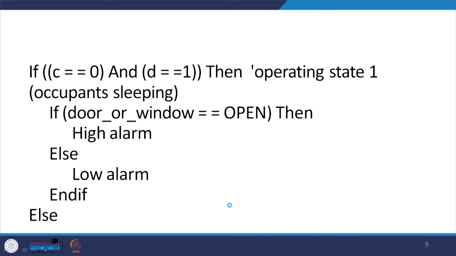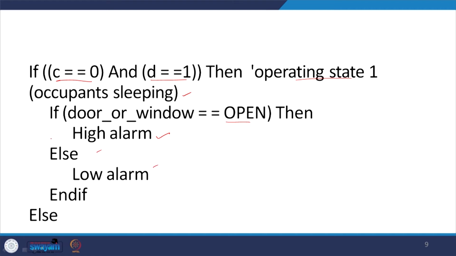We define C and D as the condition states. If C is 0 and D is 1, then that is operating state 1, occupants are sleeping, and if door or windows are open, then the alarm is high, else it is low.